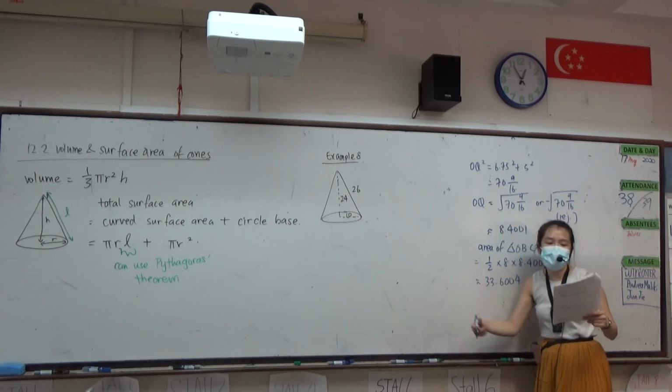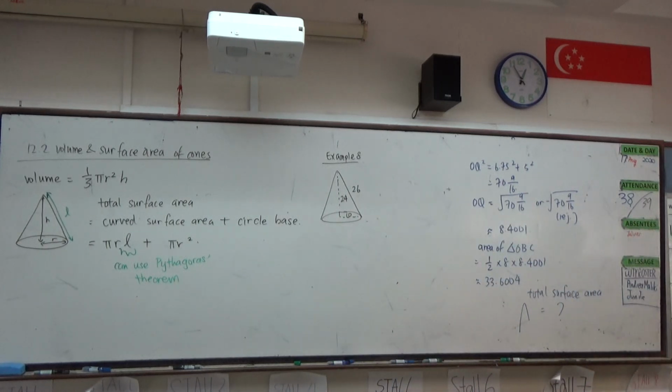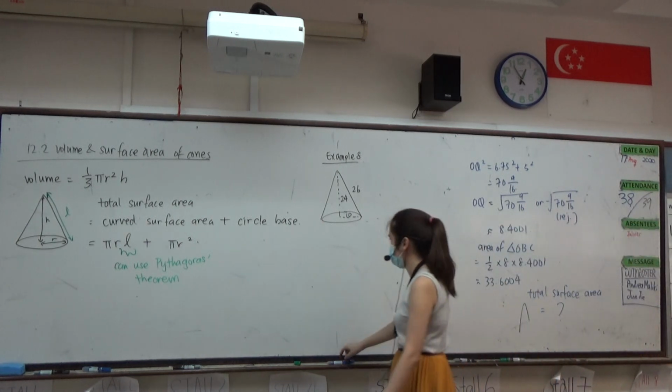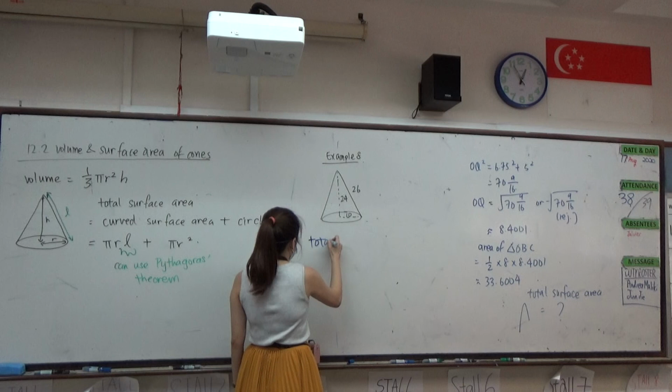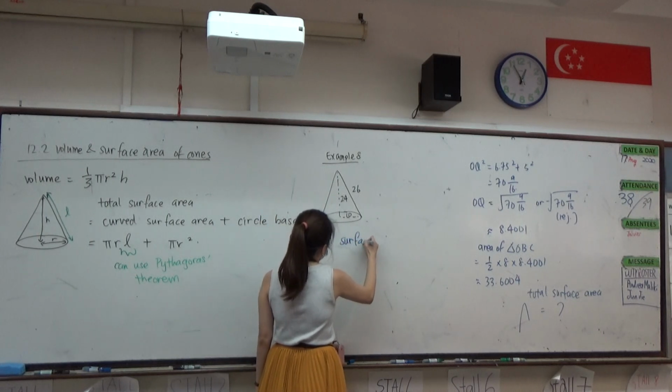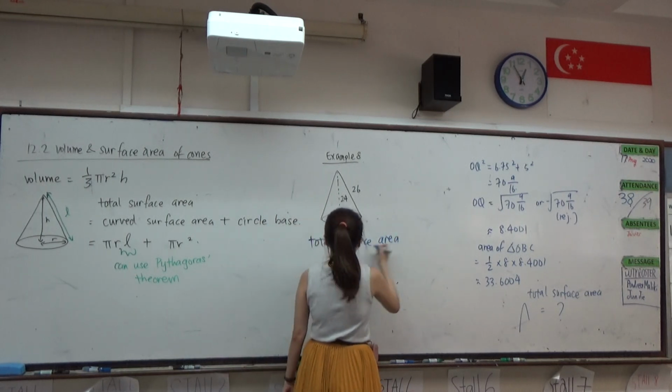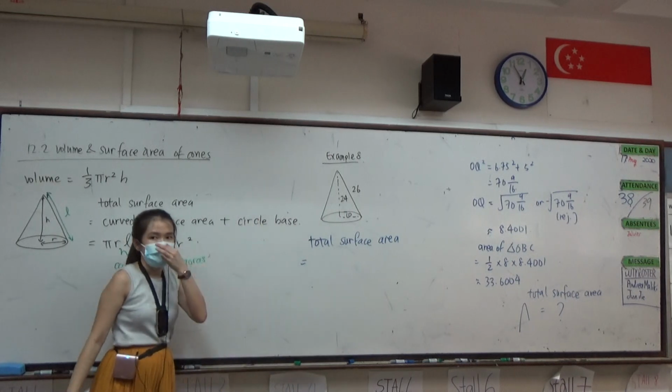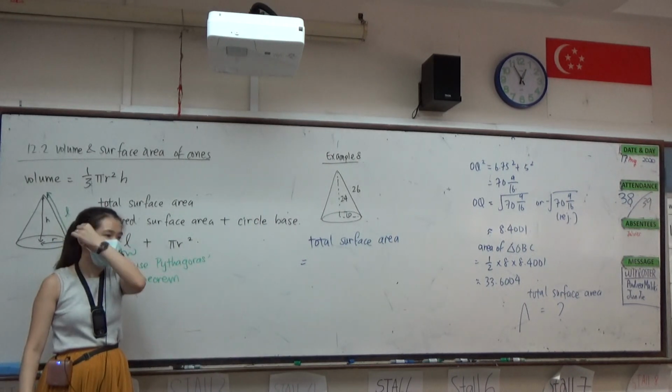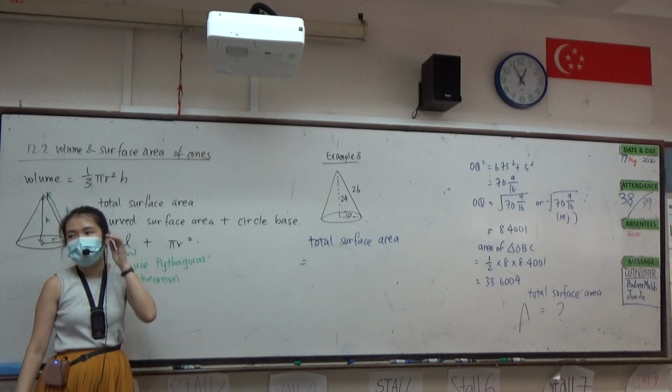Here we got this solid cone. We want to find the total surface area. Okay, so to find the total surface area in this case, what should I have in my calculation? Pi r l? What to have? Albert.